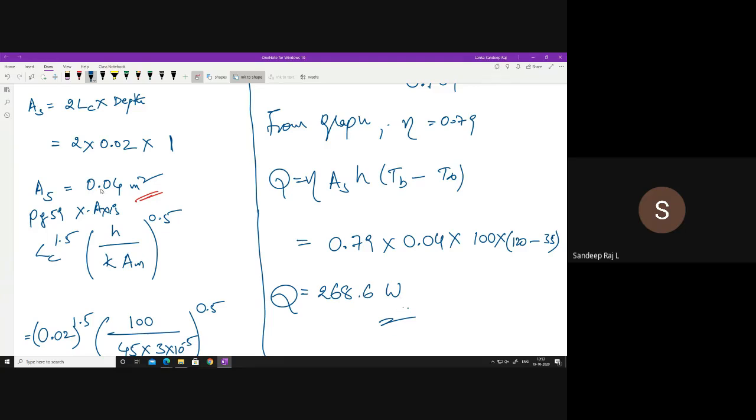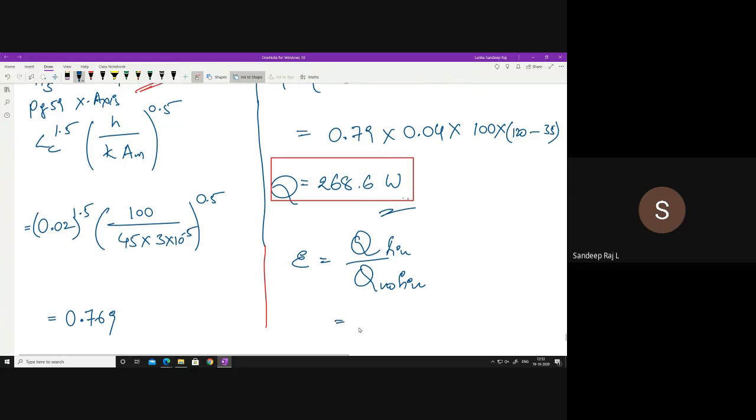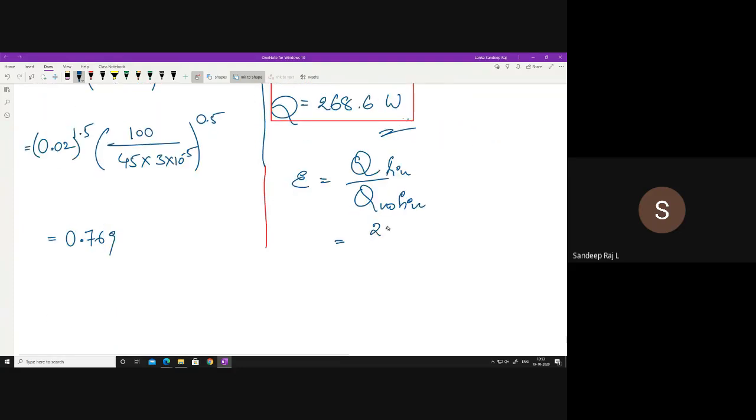Next, you find out the effectiveness also. He's also asking you to find out the effectiveness. So how to find out the effectiveness here? We'll follow the second procedure that I told you just now. Effectiveness is equal to Q fin by Q no fin. The Q fin is the value that you have got just now, 268.6. And the Q no fin is H A into TB minus T infinity. The H value, you know, is 100.